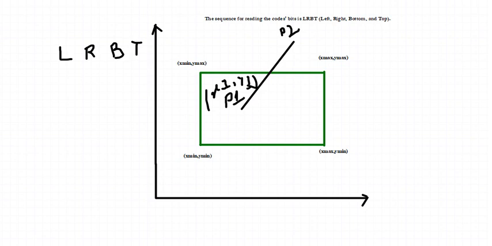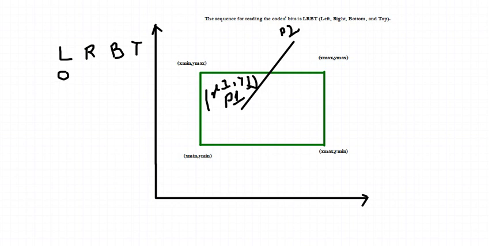Assign 1 to the L bit if the x coordinate of the point in concern lies to the left of x min, that is x1 less than x min. But if you look into this diagram, in this case the condition doesn't hold. x1 is indeed greater than x min. So the L code will be set to 0.